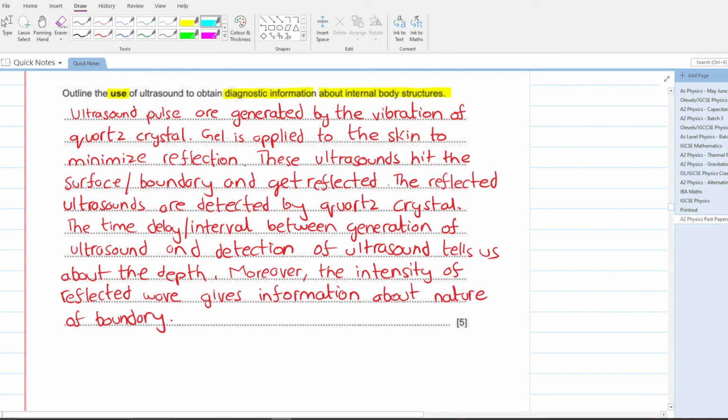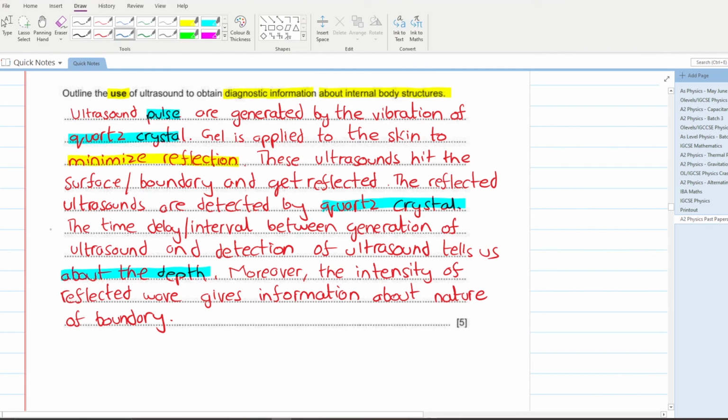Ultrasound pulses are generated by the vibration of a quartz crystal. Gel is applied to the skin to minimize reflection. These ultrasounds hit the surface boundary and get reflected. The reflected ultrasounds are detected by the quartz crystal. The time delay between the generation and detection of ultrasound tells us about the depth.